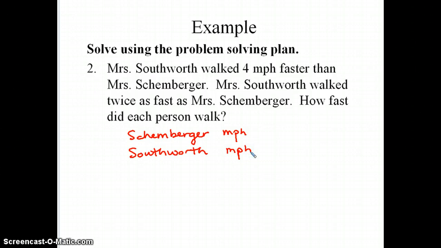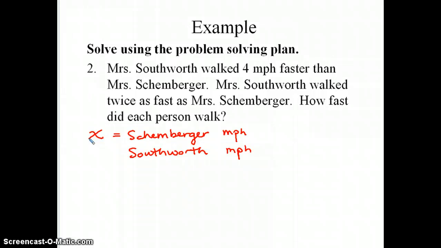When I read my first and second sentence, I notice that we know something about Miss Southworth in both of those. She's either walking faster than Miss Schemberger by 4 miles an hour or twice as fast as Miss Schemberger. So that tells me Schemberger is the one that I know the least amount, so I'm going to call Schemberger x.